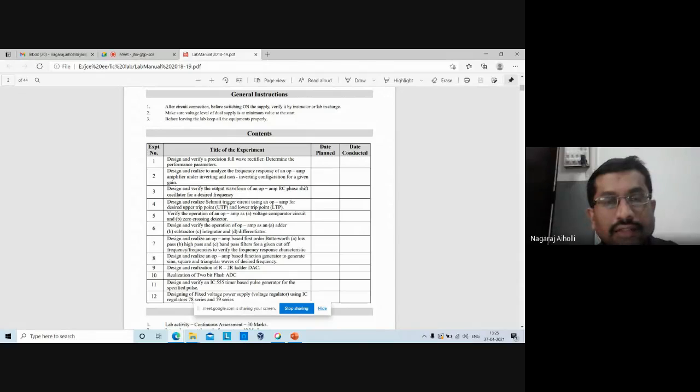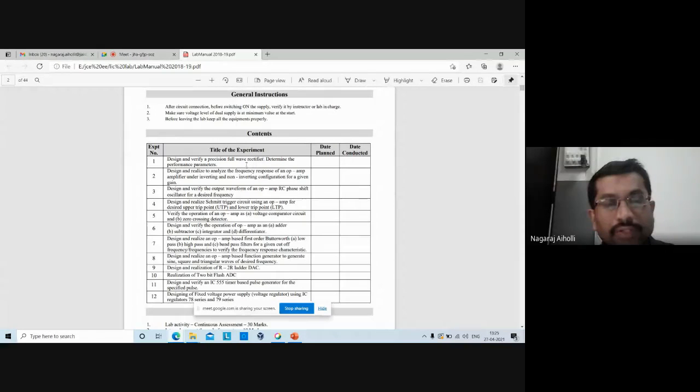Starting with the first experiment: design and verify a precision full wave rectifier, and determine the performance parameters. A precision full wave rectifier is similar to your normal bridge rectifier, but it's an advanced version of the normal bridge rectifier, in which the precision of the rectified output is improved.